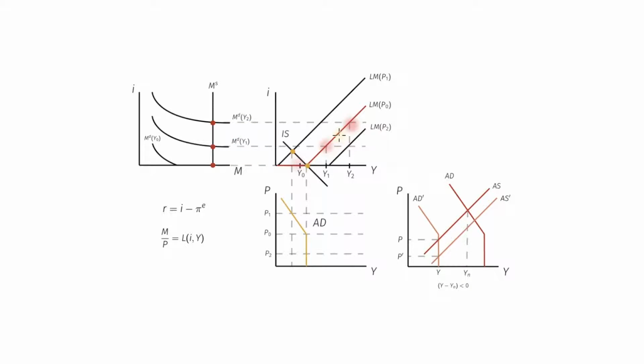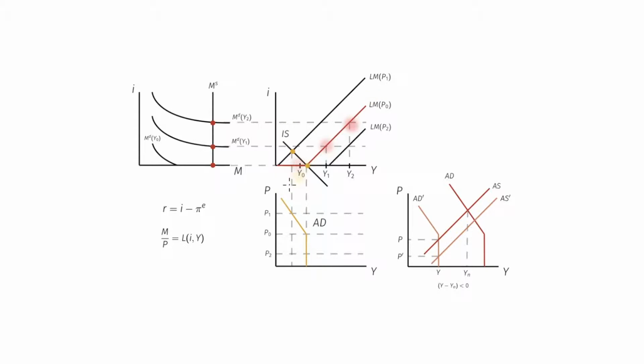Therefore, the LM curve would shift to the left, as it does here. We have it for P1, P0, and P2. The decrease in price leads to a shift to the right of the LM curve. Now the equilibrium points in the IS-LM graph we can transfer to construct the AD in the third graph.